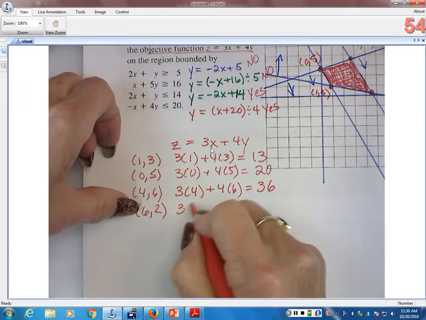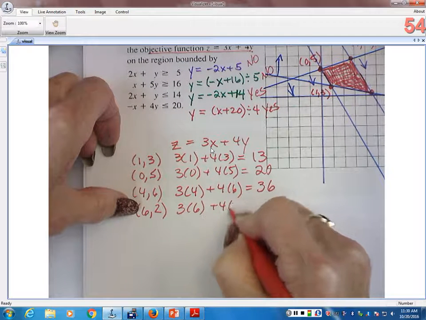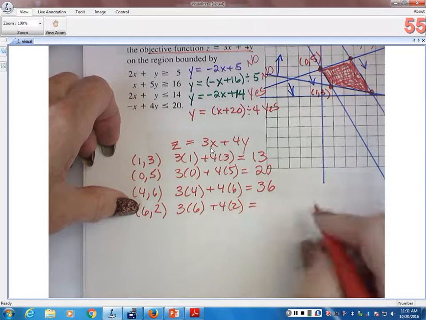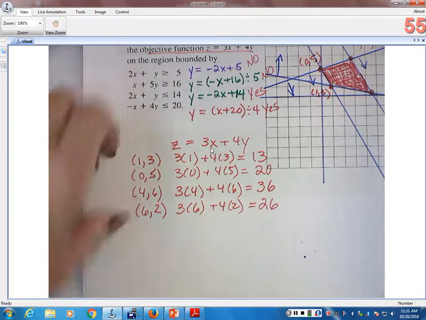And 3 times 6 plus 4 times 2 is 18 plus 8, which is 26.